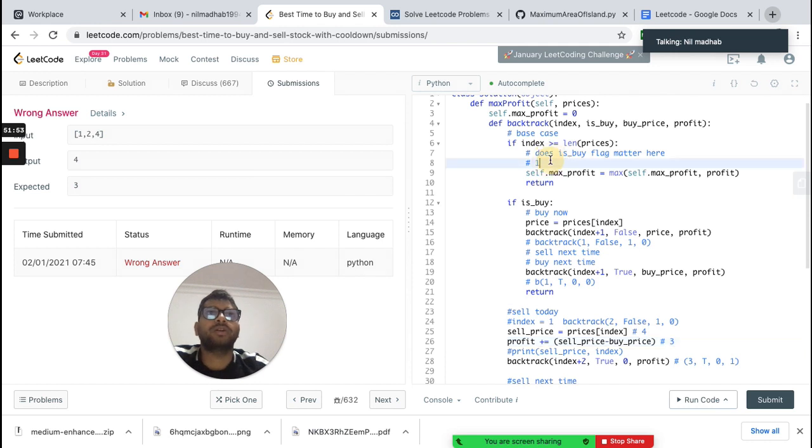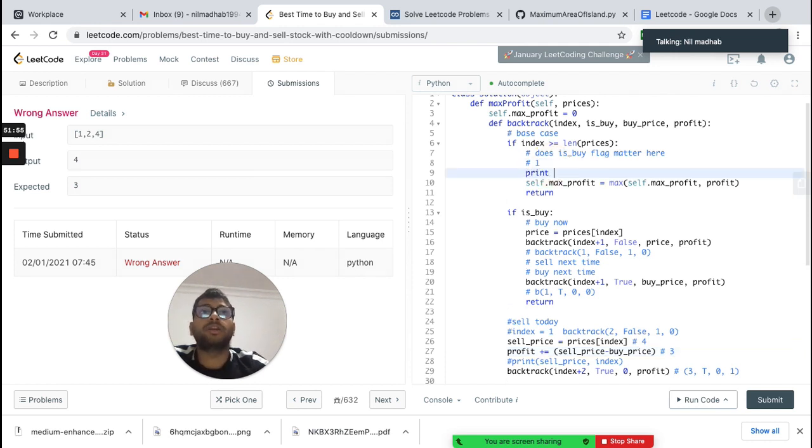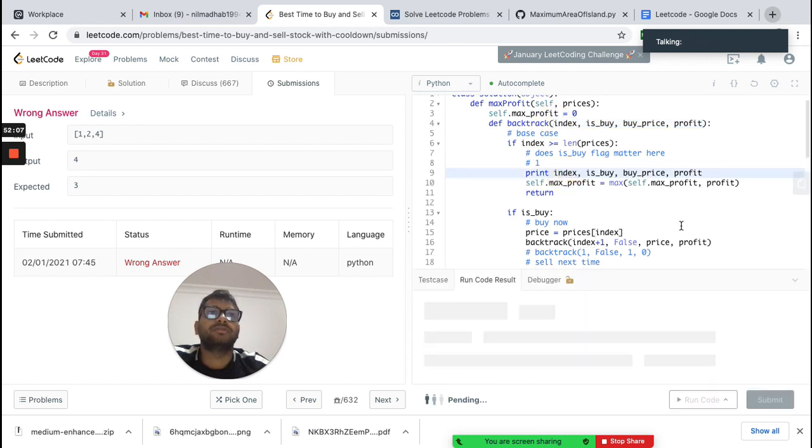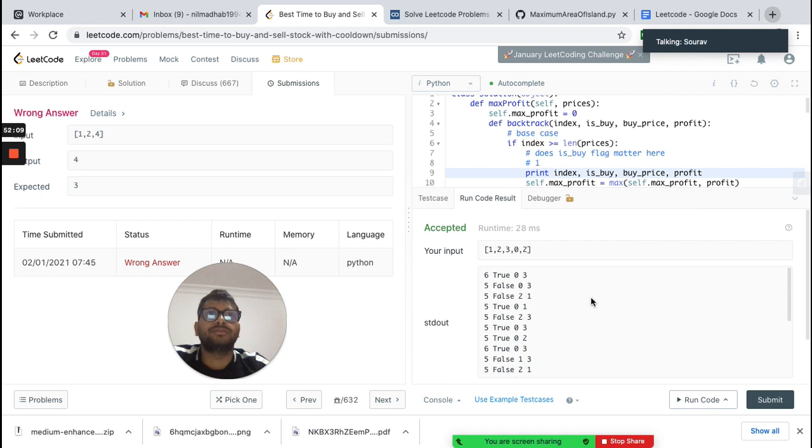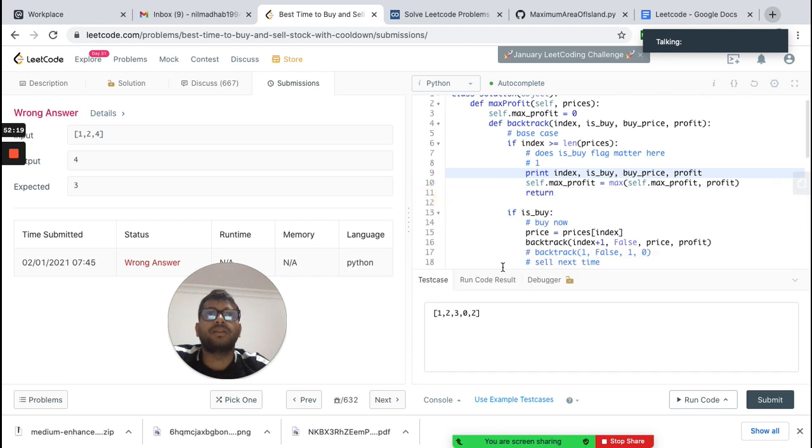Okay, we can do one thing. We can print index. We can just print the variable where we are setting it. Why is profit becoming 4? Let's do input 1 to 4.